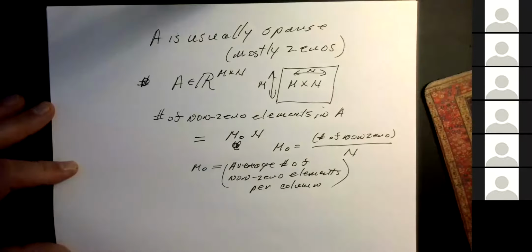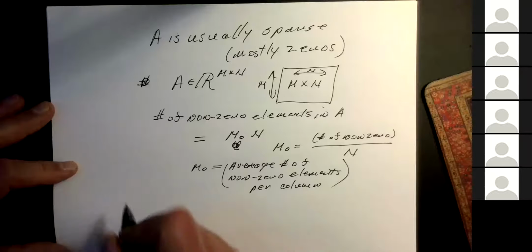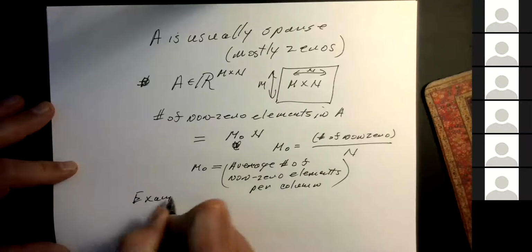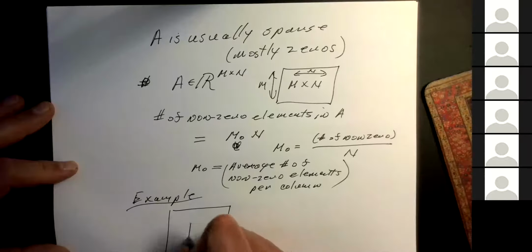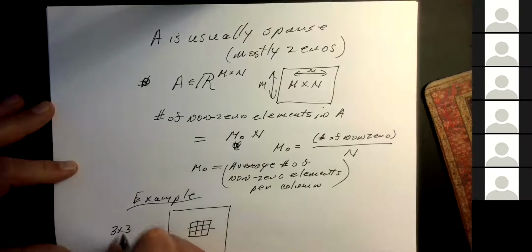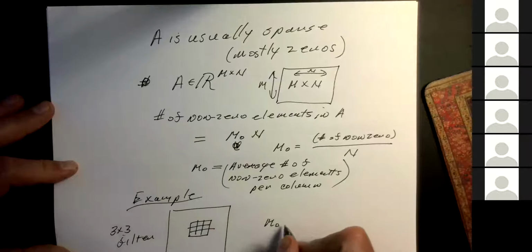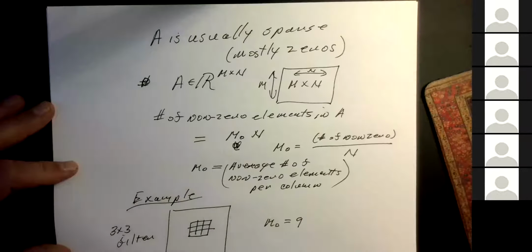So in a lot of applications, for example, if you have a filter and the filter is 3 by 3, then m0 is equal to what? 9, because there are 9 non-zero elements per input pixel.